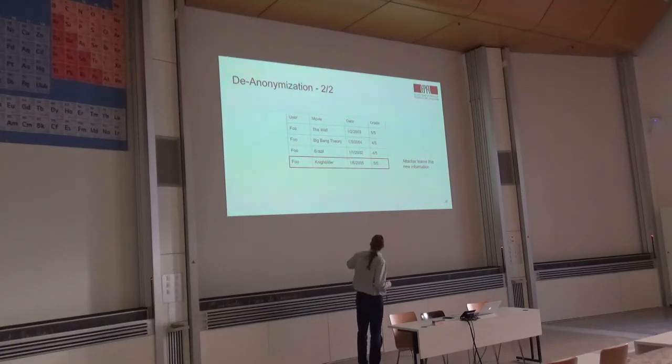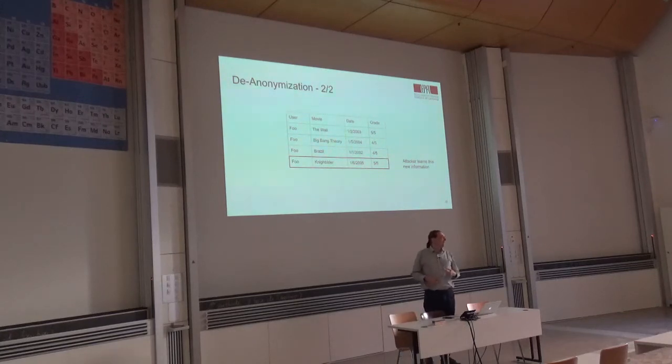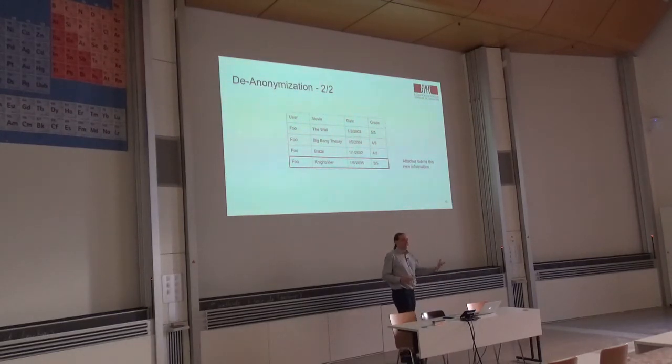And believe me, there are plenty more embarrassing movies to like than Knight Rider. So maybe these other movies that they watched on Netflix, they didn't mention liking on IMDb for good reason, because they don't want people to know they like those movies, right? But with the correlation of the two, suddenly all of that information is right out there, right?